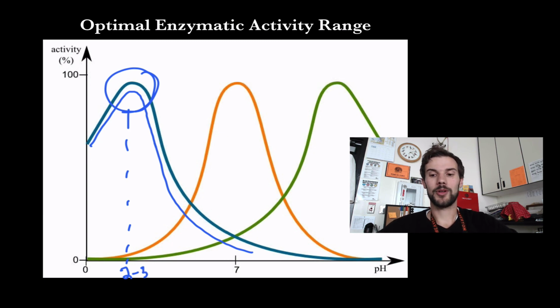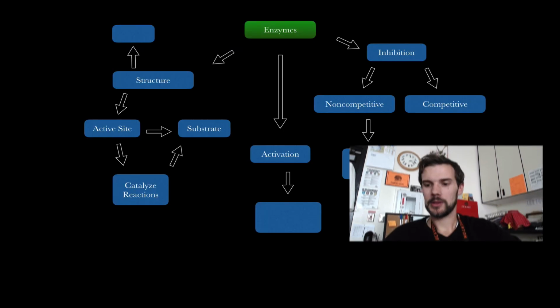So some enzyme could be in our stomach hanging out and being happy as a clam, and it is able to function in there. That same enzyme will not work at a pH of around 7. So if we were able to take that enzyme and put it elsewhere in our body that was more of a pH of 7, it will not work. Conversely, we can have this green one. It might work better in more of an alkaline area in our bodies or in some other solution.